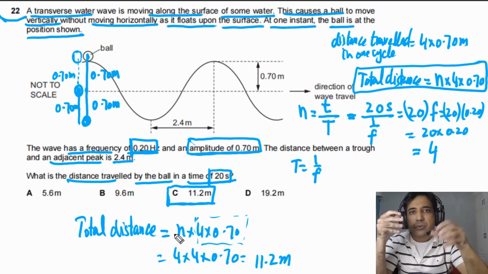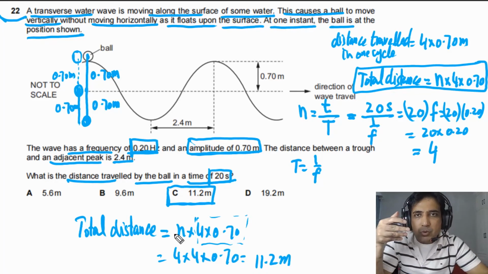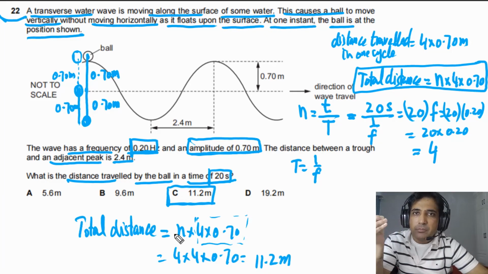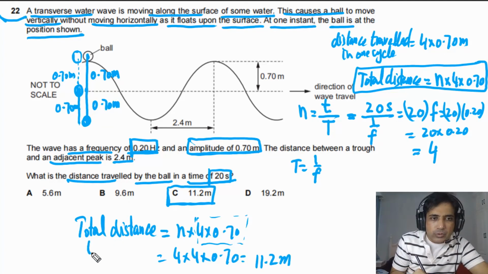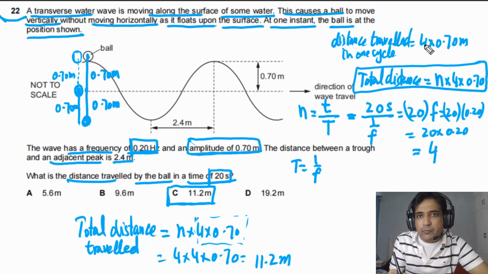So you need to understand that the question is asking for the total distance traveled, so you calculate the distance traveled in one cycle and then multiply that by the number of cycles. The distance traveled by a particle in one cycle is equal to 4 times the amplitude.